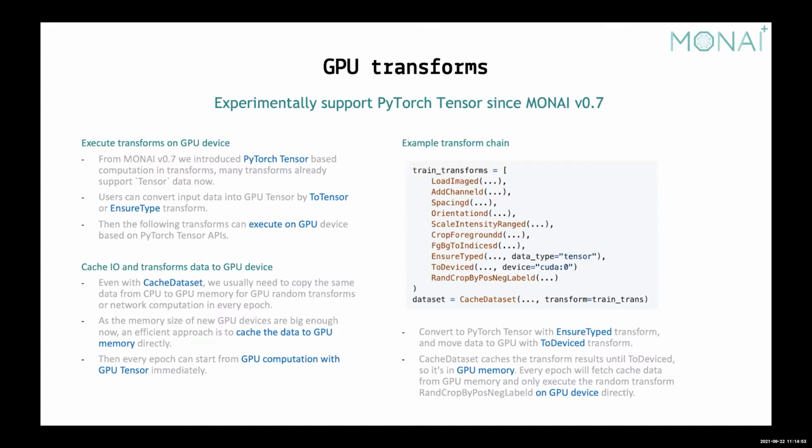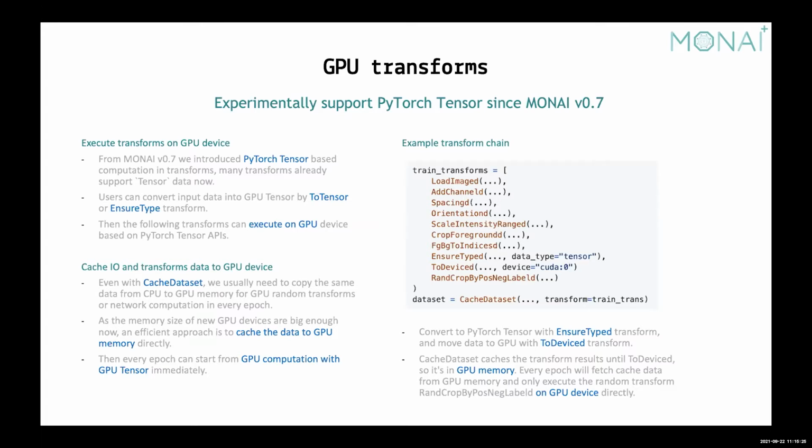If the tensor is on GPU device, the transform will execute on GPU directly. So we can first convert the input data into GPU tensor by the ensure type transform. Then the following transforms will execute on GPU. Usually, the GPU computation can be much faster than CPU computation, especially for the 3D imaging operation.